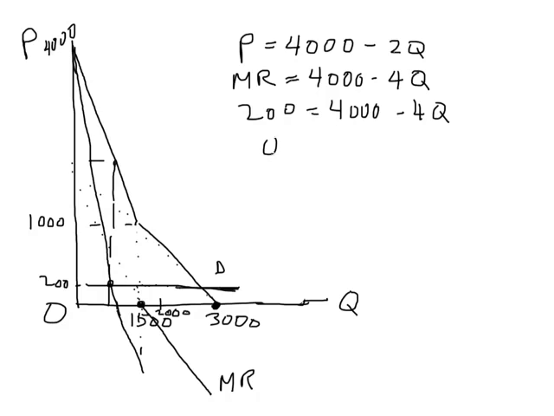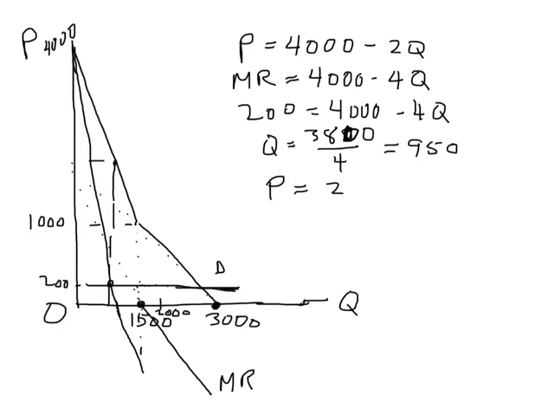So anyway, Q is equal to 3,800. Sorry, 3,800 divided by 4, which is equal to 950. Plug that back into the inverse demand curve.